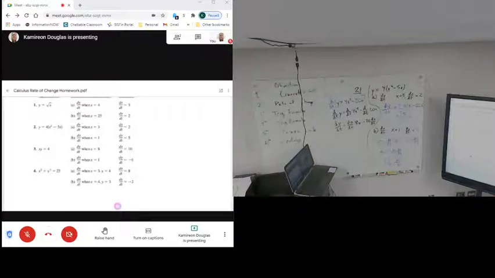In other words, the rate of change for y is 8 units per second. That's 8 dt. Furthermore, because it is 8, the y value is going up. That's positive. So it's going up 8 units per second.